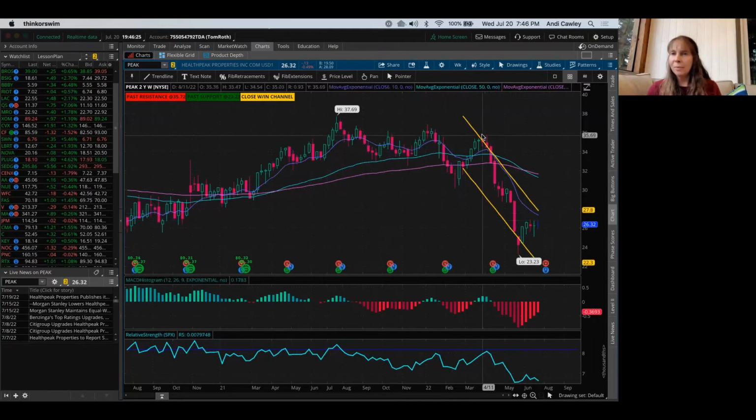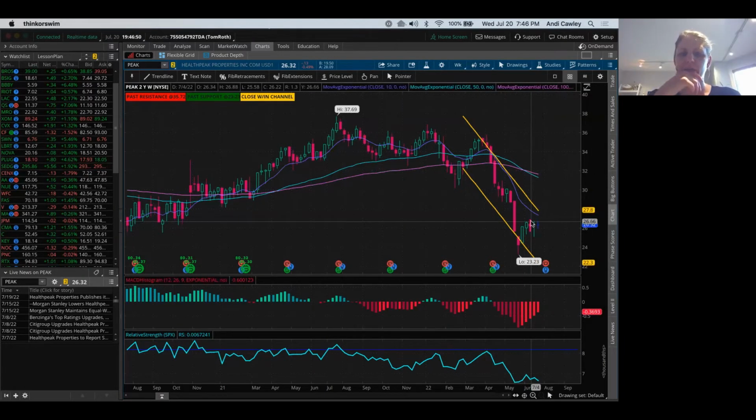Okay. So I want to go from this point on down, based on what our strategy is. But if that's the case, we don't have enough data yet.